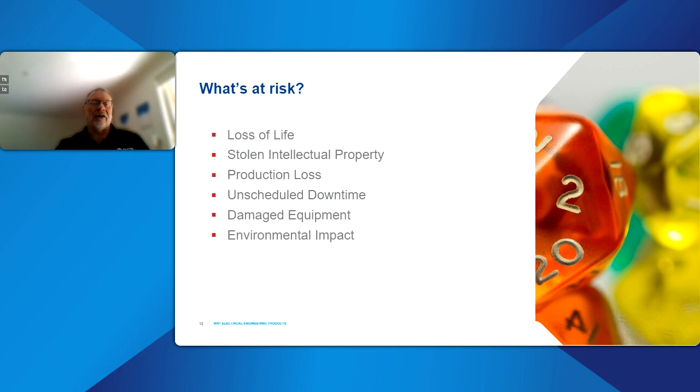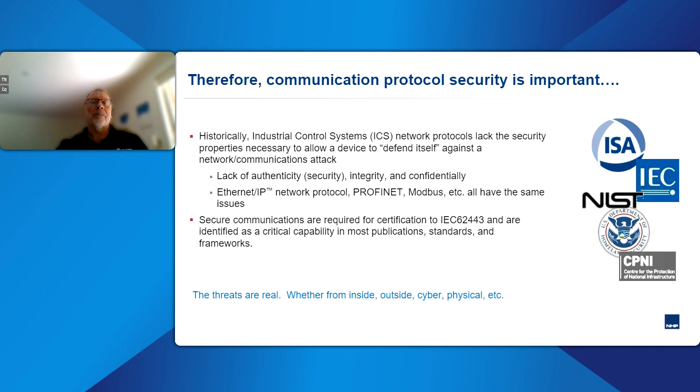But there is obviously a lot of risk to our machines, property, production, and also reputation and brands. There's a whole lot of stuff that comes into play, which are tangible and intangible risks.